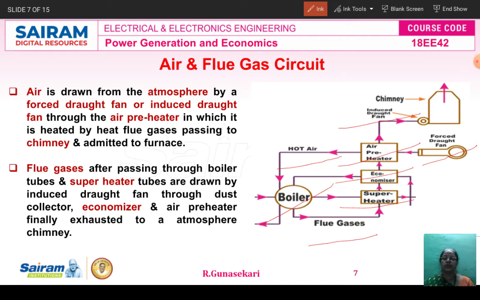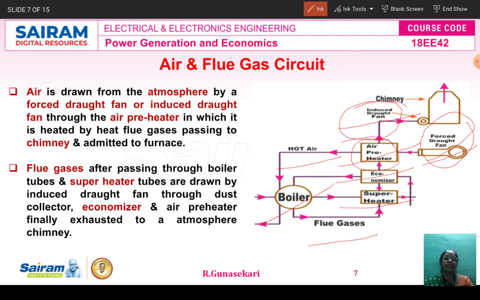First, the air circuit. The air is drawn from the atmosphere through the forced draft fan or induced draft fan, which is fed to the air preheater.